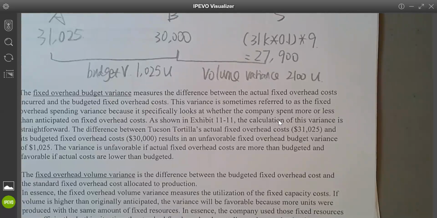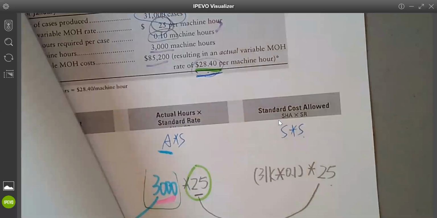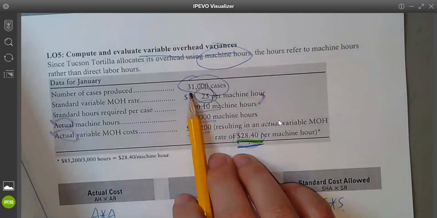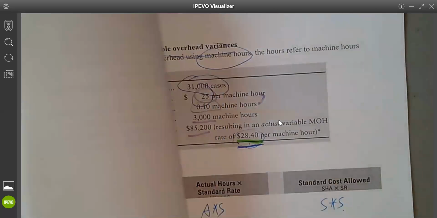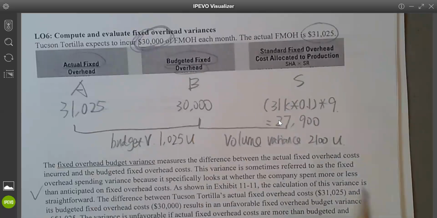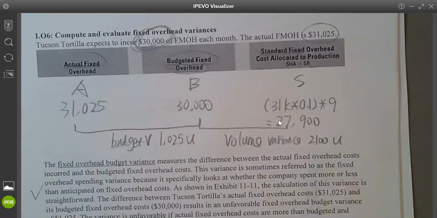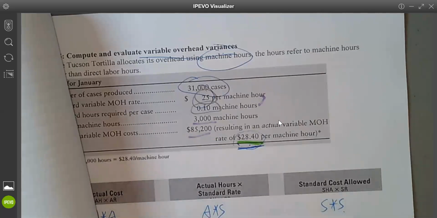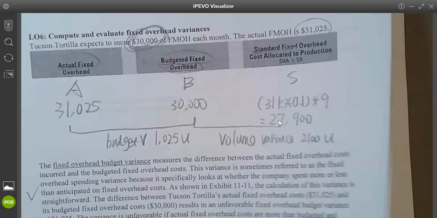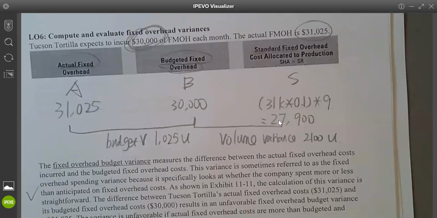So I'm being honest, when I read this question, I thought, hey, it doesn't make sense, because we budgeted to produce 29,000 units, but actually we produced 31,000 units. So I said, how can it be unfavorable? Because your actual, 31,000 units, is more than your master budget, 29,000 units. I don't want to misguide you. That was my concern.